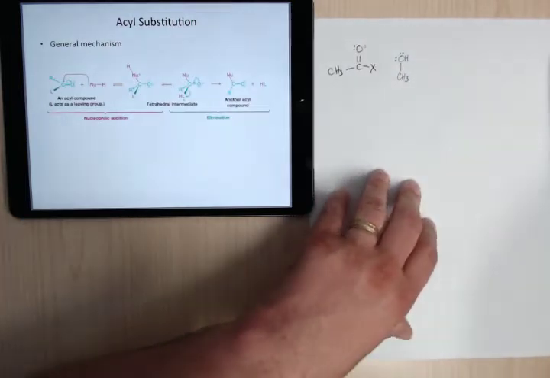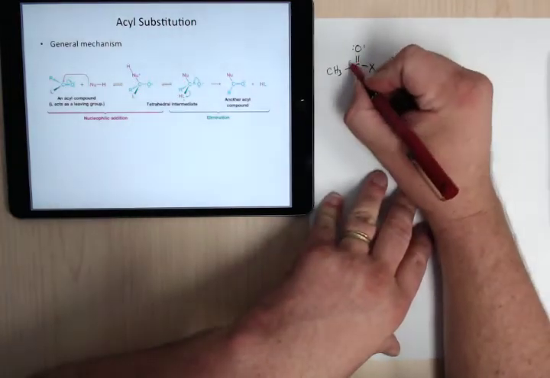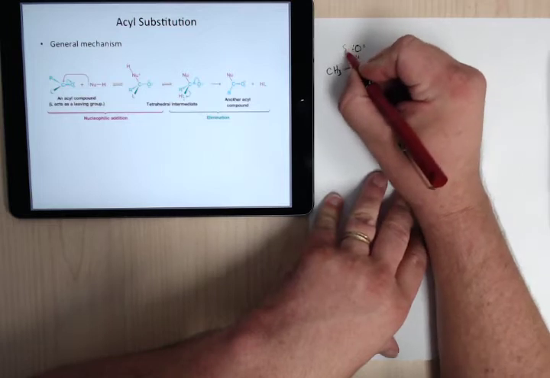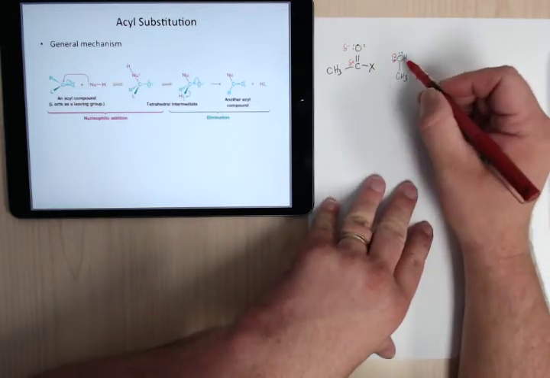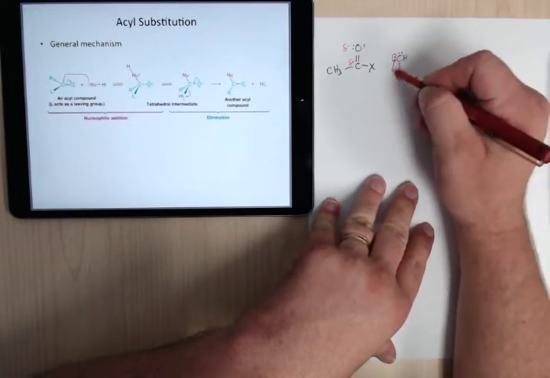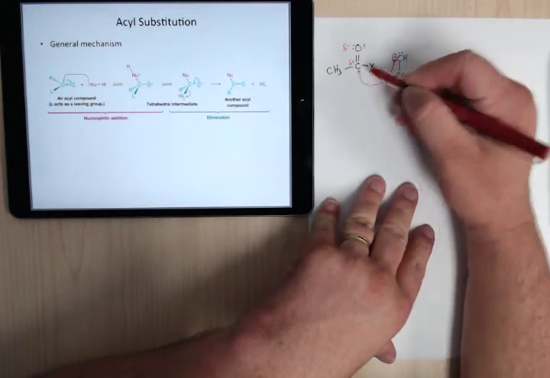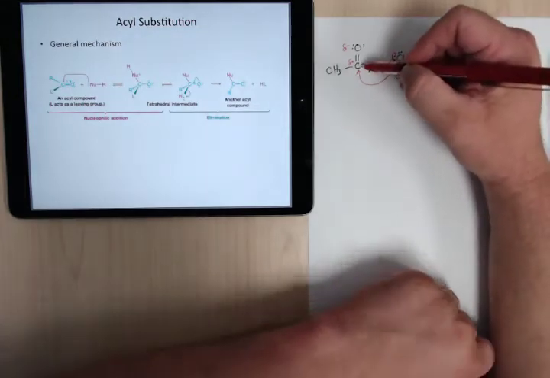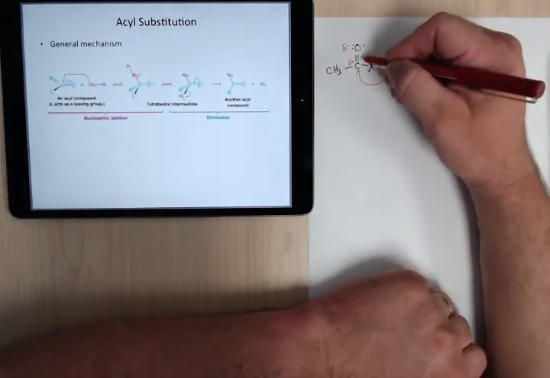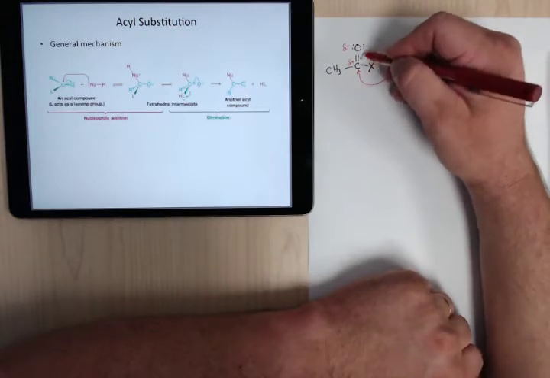Okay. Remember, this is a polar covalent bond here. This group here has lone pairs. So what's going to happen is that these lone pairs are going to get attracted to that carbon to make a new bond. This carbon now has 5 bonds, can't do that. So the easiest way to get rid of a bond is to push those electrons up here.